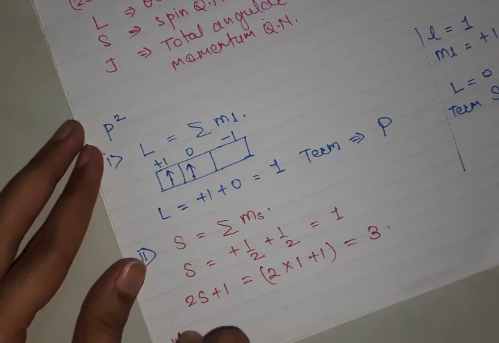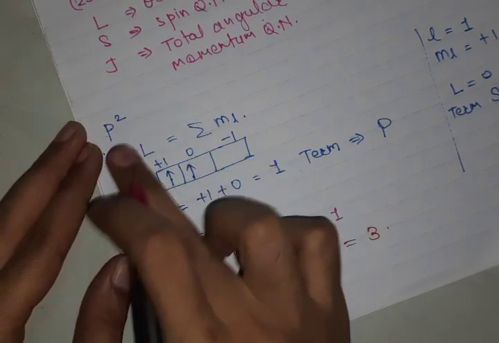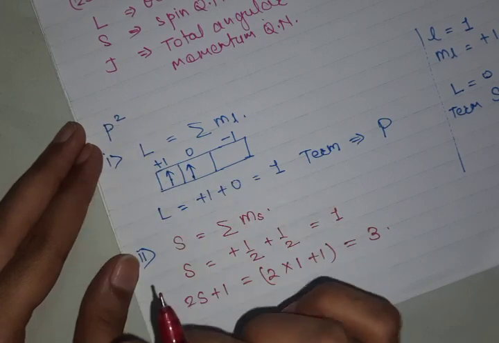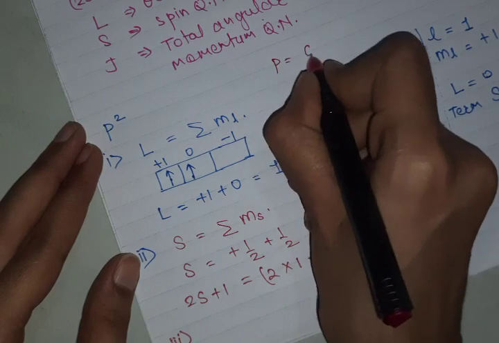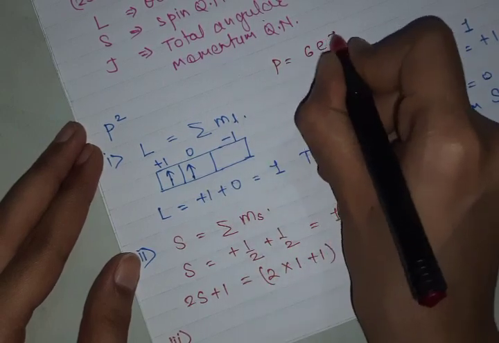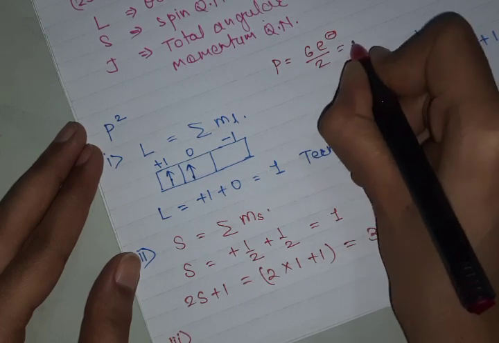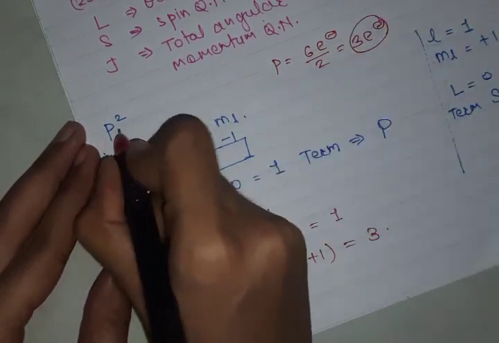And for the J value, this electronic configuration is less than half filled, because the capacity of the p orbital is 6 electrons. Half filled means 3 electrons. So this configuration is less than half filled.